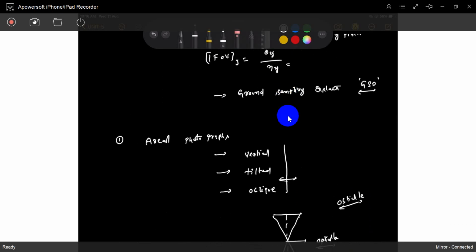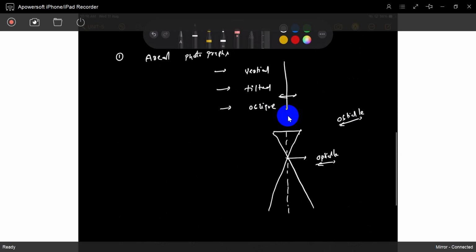So now, aerial photographs: vertical, tilted and oblique. Vertical is like this. We draw it two-dimensionally. So this is exactly the optical axis. What is an optical axis? It's the camera axis only, but why is it called optical? Optical lenses are also there.